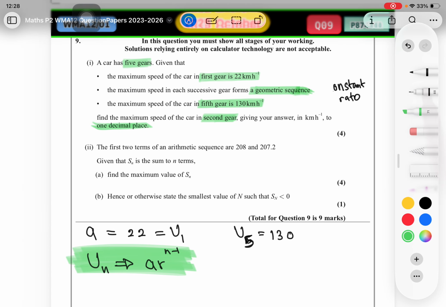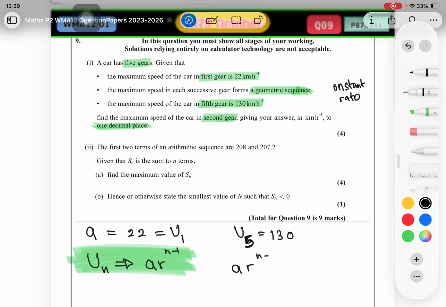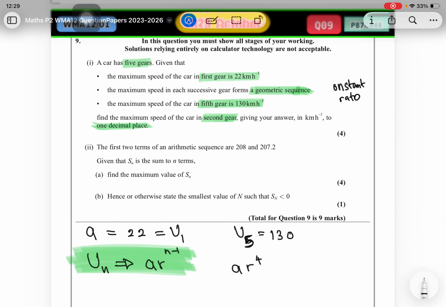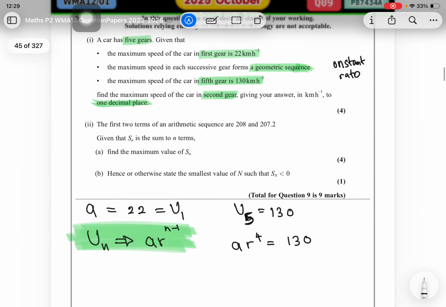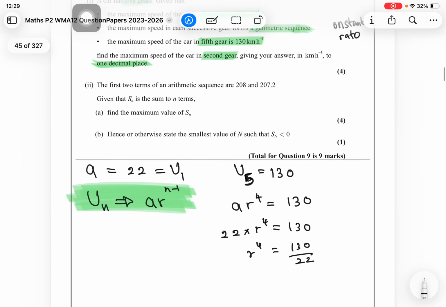Since we know this, we can write our fifth term as ar^(n-1), which is ar^4, because here n is 5 and n minus 1 is 4, so it's 130. We know a as well, so 22 times r to the power 4 is 130, so you can get r to the power 4 is 130 over 22.